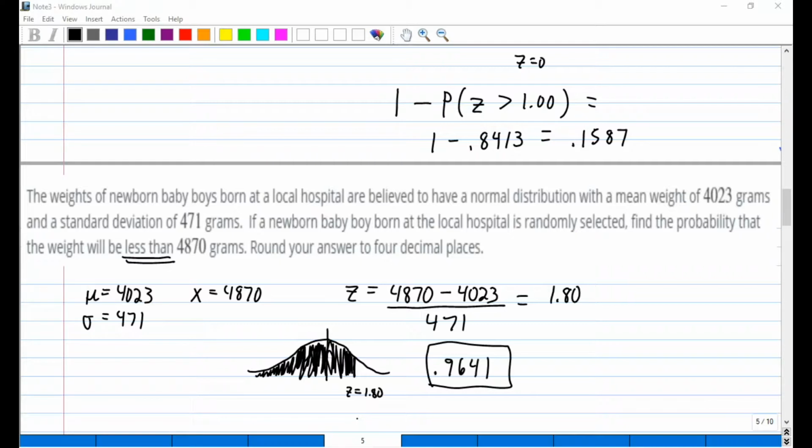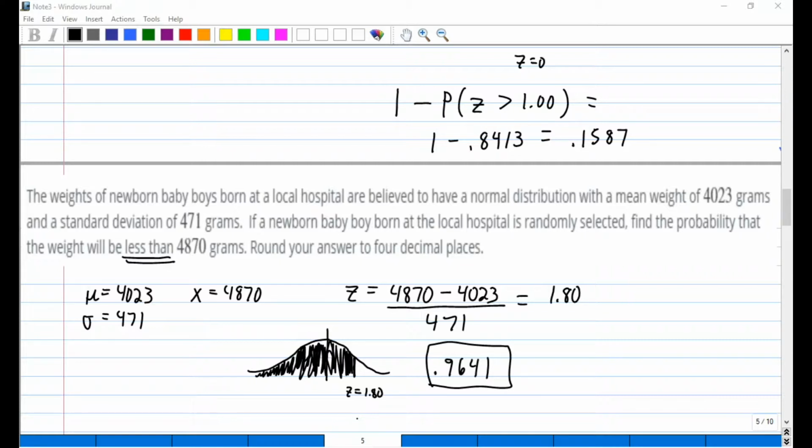So right now we're figuring out probabilities. So let's work a problem where we have the probability, the mean, and the standard deviation, but we want to know what X value that would correspond to.